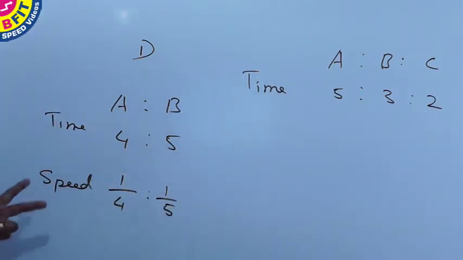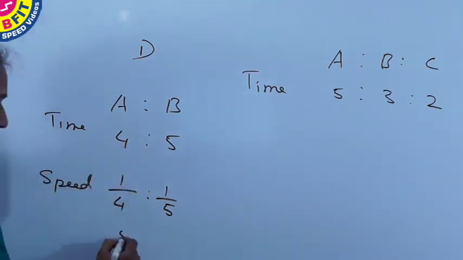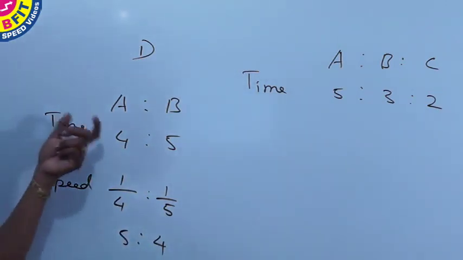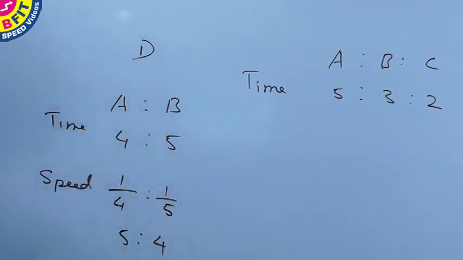Now when the speed ratio is asked and the time ratio is given, just cross multiplying this, we get the speed ratio as 5:4. As this is a comparison between only 2 persons, just invert the ratio that is given to find the inverse ratio.